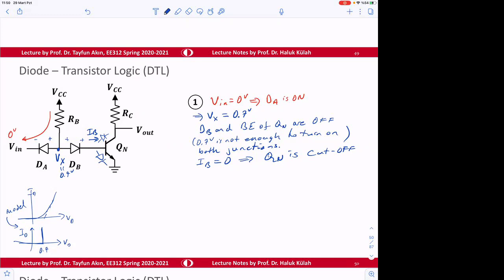If Qn is in cutoff, what is V out? VCC. Yep, that's it, VCC. So how do we call this value?